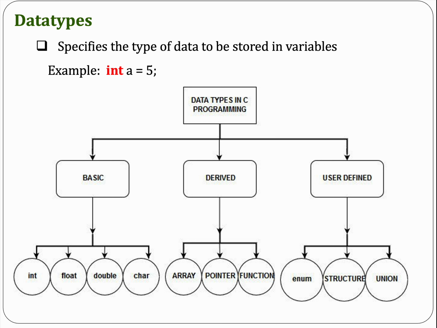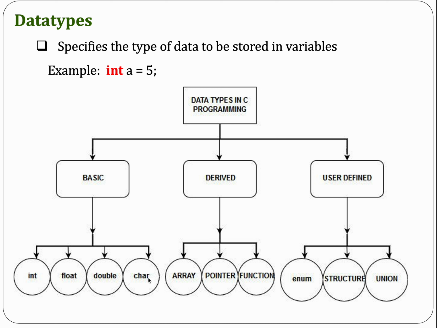The basic data types include integer, which is a whole number, in short form int, and a decimal point number, which is float. The range of the decimal point is quite high when compared from float to double, so double is also a decimal floating point number.